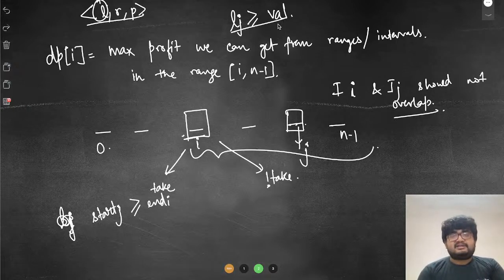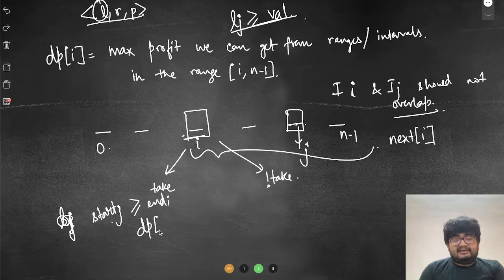We have a sorted array and we want to find the first index which is greater than or equal to some value. We can binary search, as simple as that. Let's call this the next index of I.